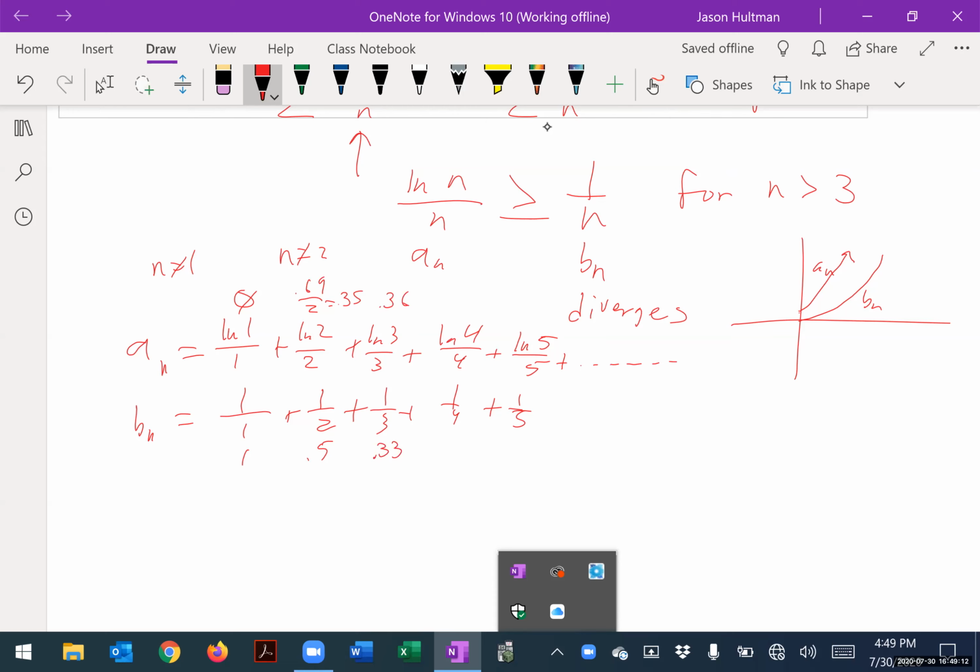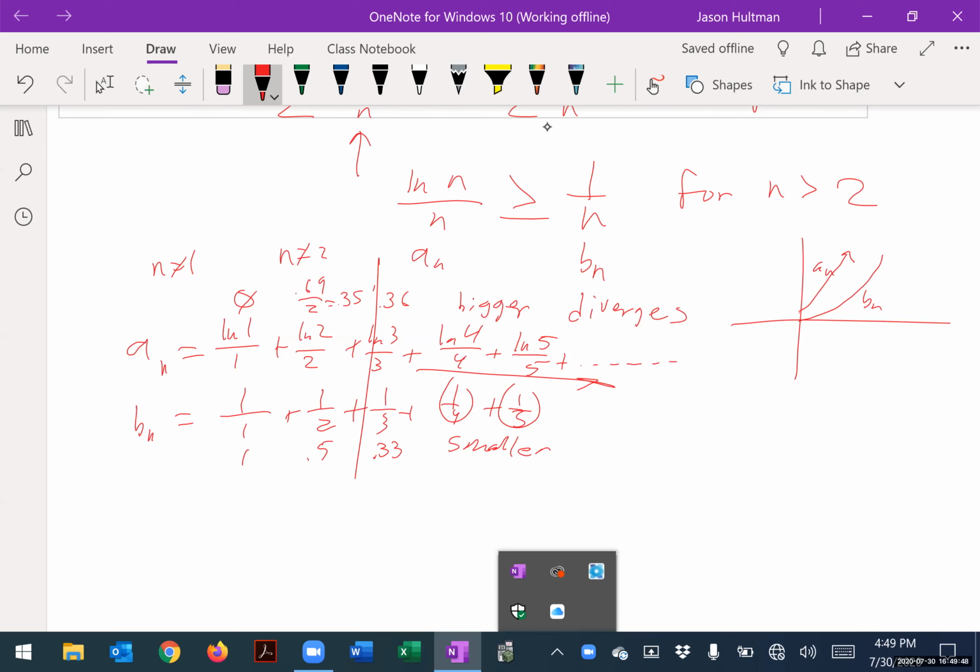All these natural logs are bigger than 1 after this, so the numerator is bigger and the denominator is smaller for all successive terms. Natural log of 4 is 1.39. So after 3, we can even say after 2, the a sub n's are all bigger.